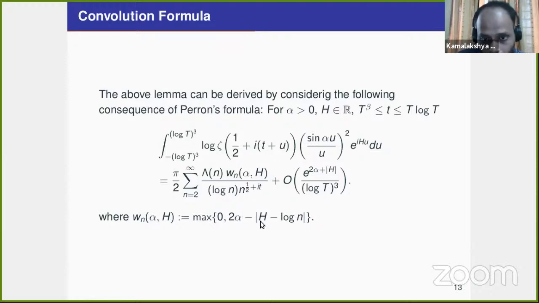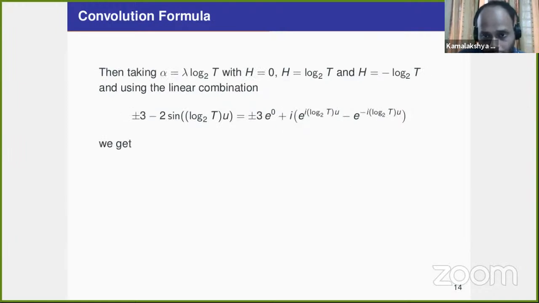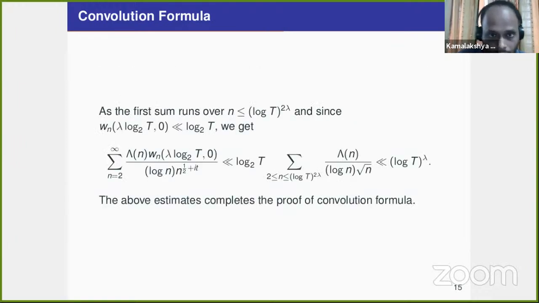We have log n, and so log n will be at most 2 lambda double log t. That means n can be up to log t power 2 lambda, so we have log t power 2 lambda terms, and we can make this sum go up to log t power 2 lambda instead of to infinity.